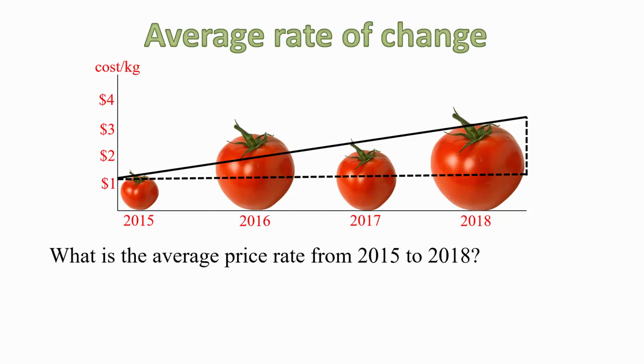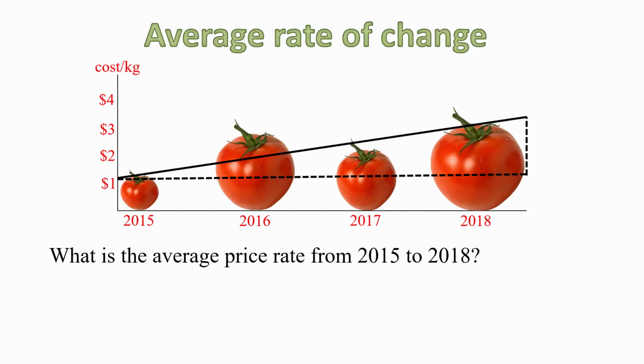What we do first is, as before, draw our line, but this time starting from the first year, 2015, up to the last year, 2018. Notice that it passes through the second image of the tomato, but that doesn't matter, and it misses the third image. But we're only interested in the first year and the last year.